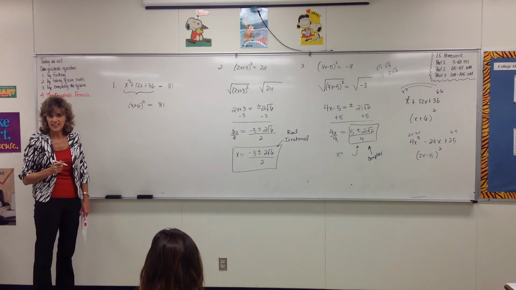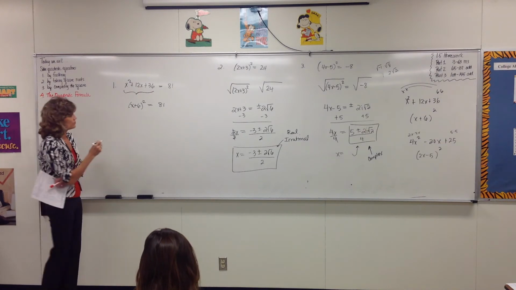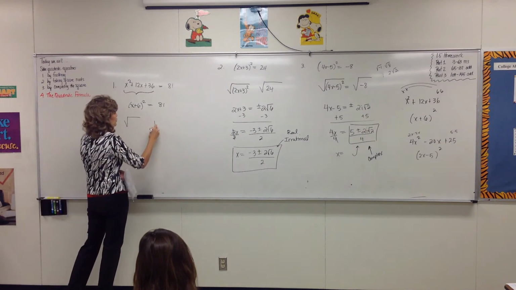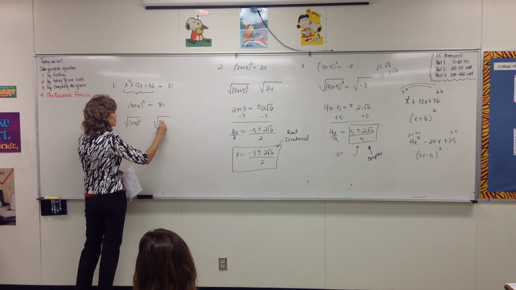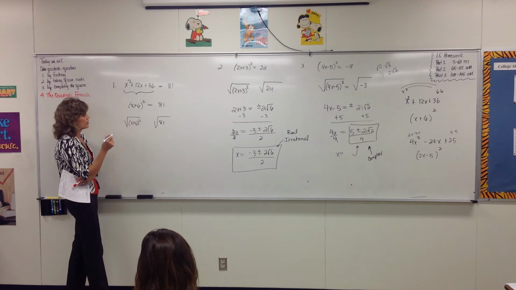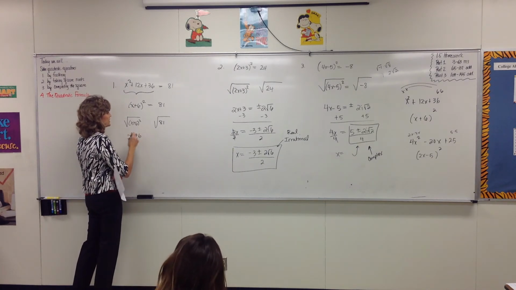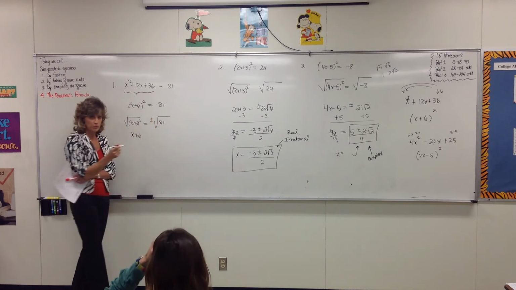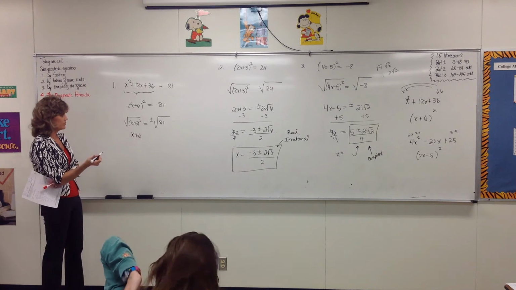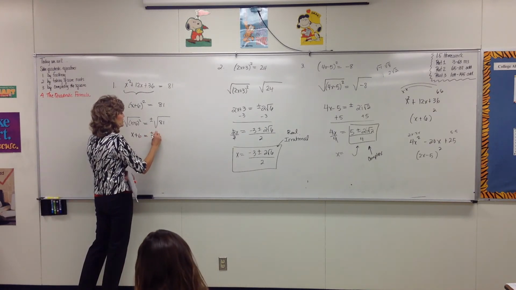So then we said, anytime you can get something squared by itself, you want to take the square root of both sides. So the square root of x plus 6 squared is just x plus 6. Anytime you take the square root of both sides, you must remember plus or minus on one side. There is a square root of 81. It's 9.